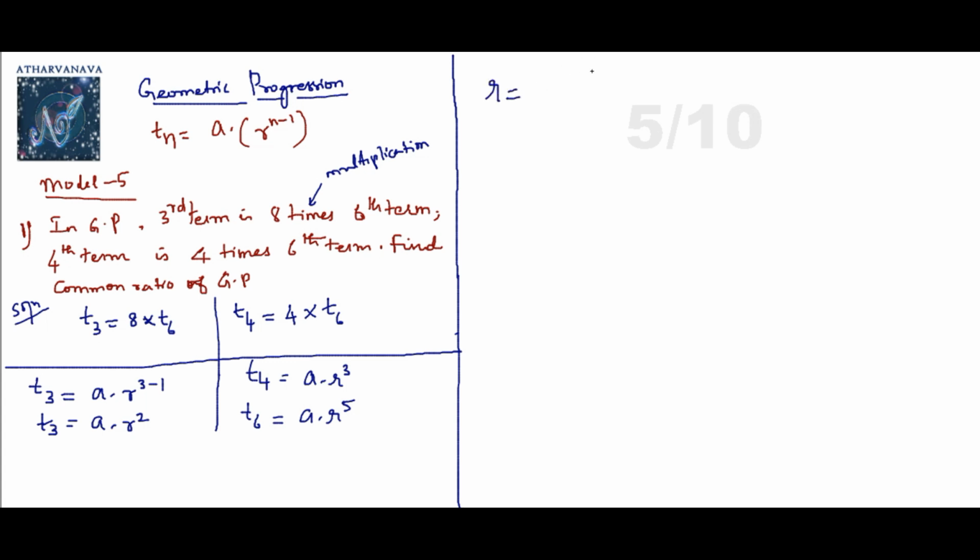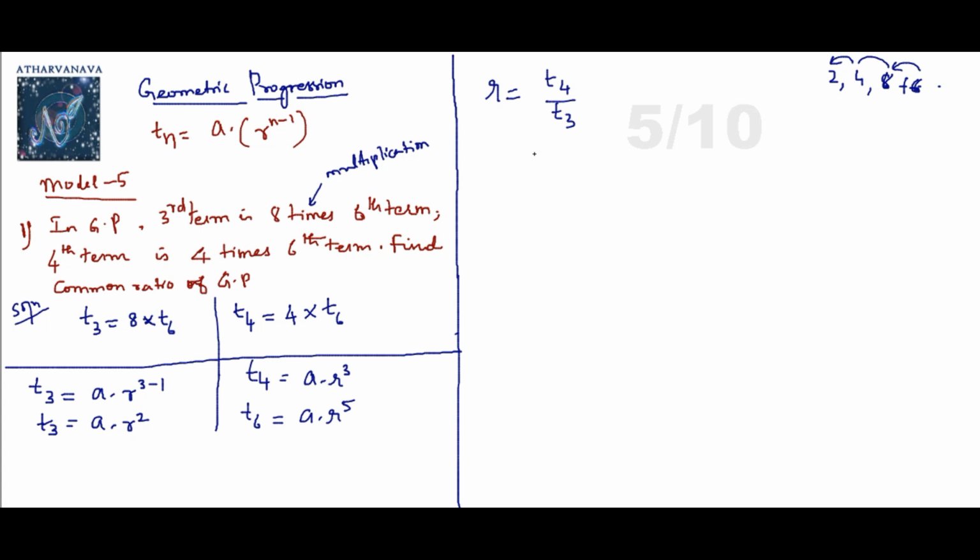Remember, the r value is nothing but T4 by T3, because successor by predecessor, correct? You can take consecutive numbers in a sequence, say for instance 2, 4, 8, 16 and so on. Then the fourth term by the third term is the ratio, or the second term by the first term, third by second. That's how we take the r value. Luckily we have T4 and T3 here, so I am going to write r as T4 by T3.